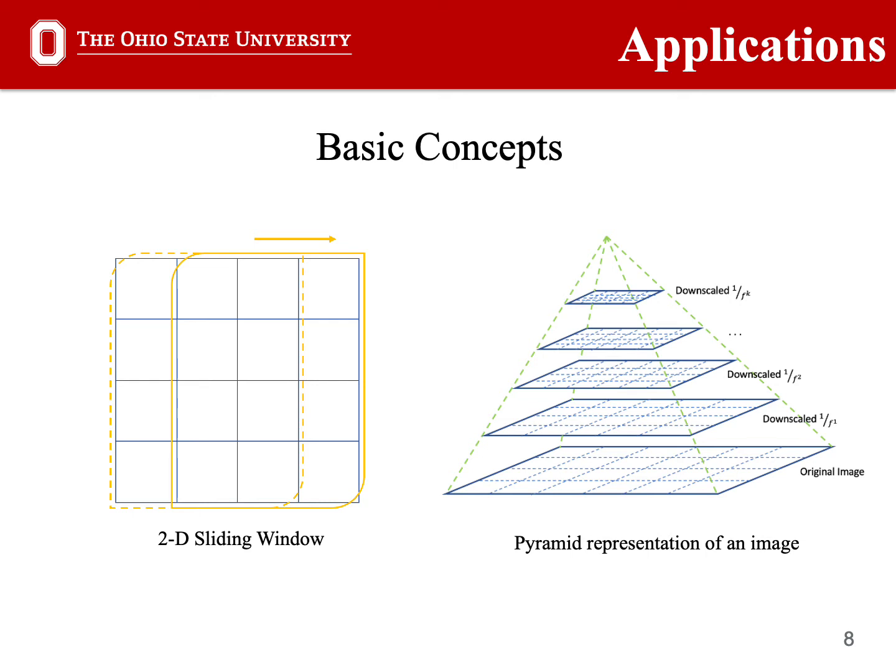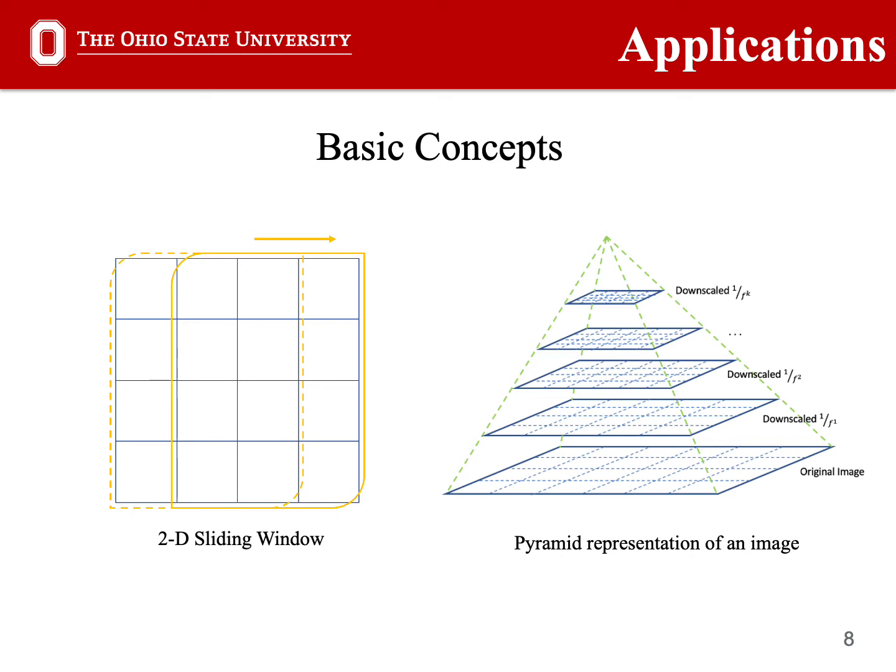First, let me introduce a few common concepts used in the applications. In target detection applications, to find a match in different parts of an image, a detection window will slide across the whole image by some fixed step, and the detection algorithm will run in each and every window.